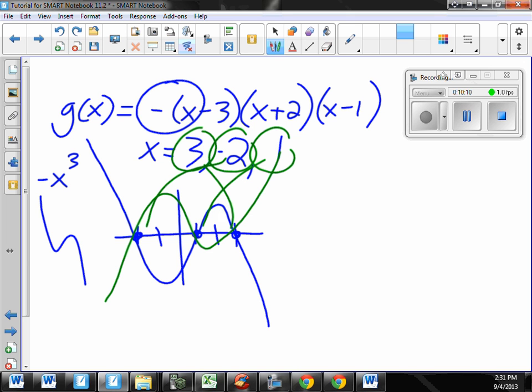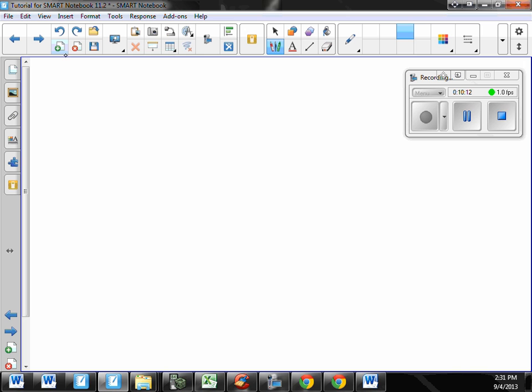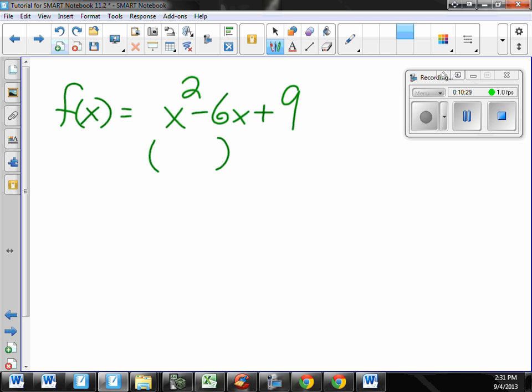Okay. Now, something a little bit tricky. So this graph, I don't know the roots. So I just factor, x and x.